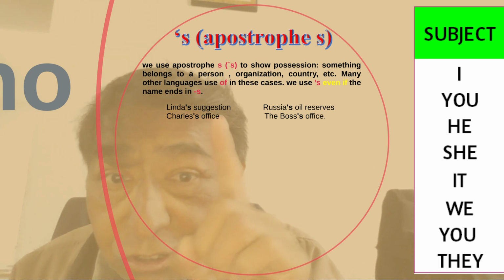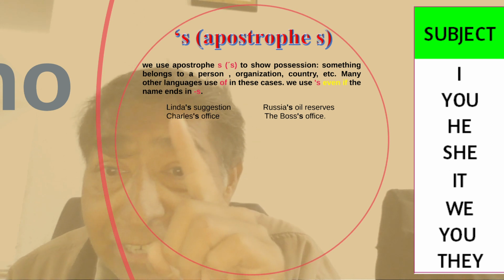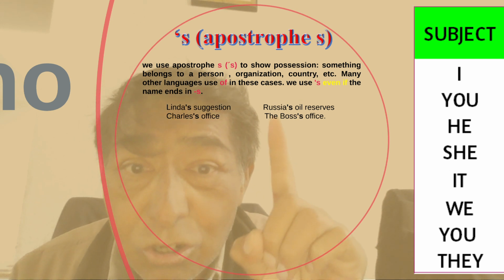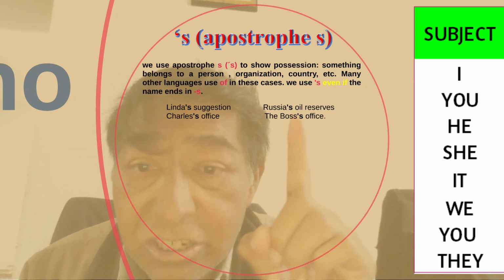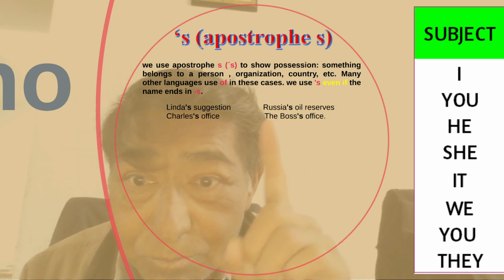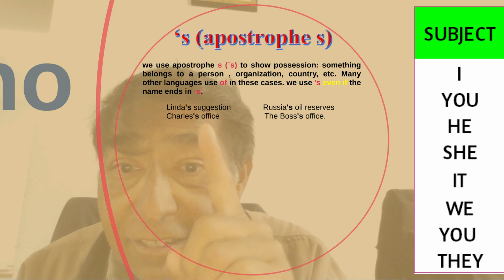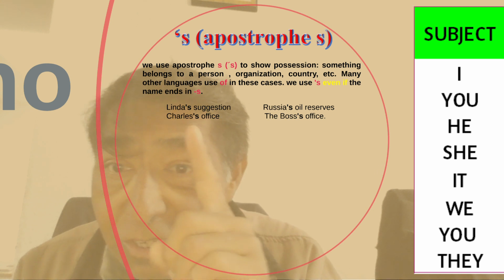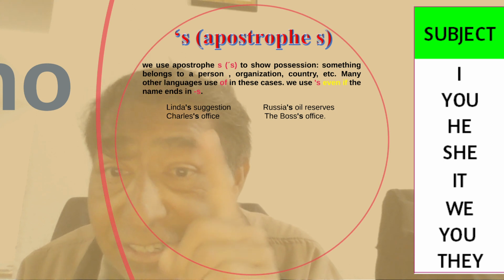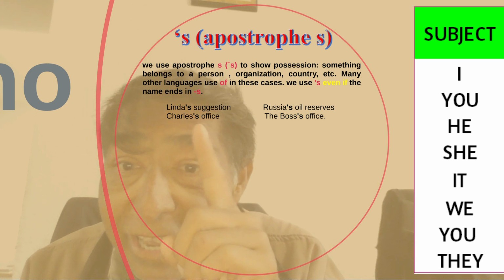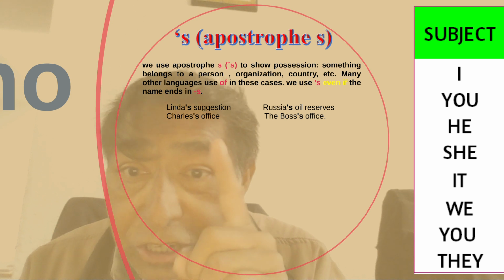Linda's suggestion. Whose suggestion? Linda's. Russia's oil reserves. Whose oil reserves? Russia's. Now, Charles's office. Notice that Charles finishes with S, so we add apostrophe S, indicating the possession.